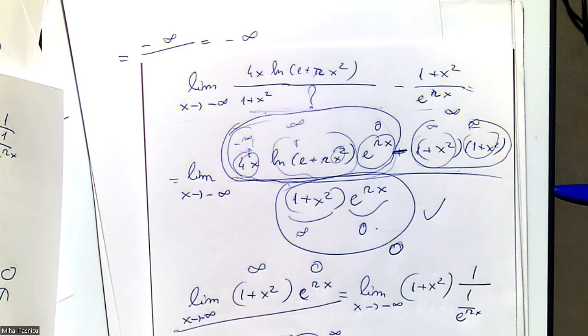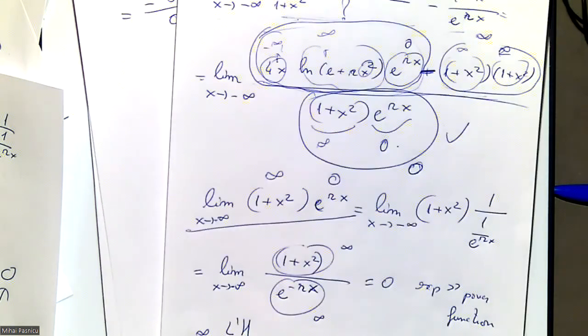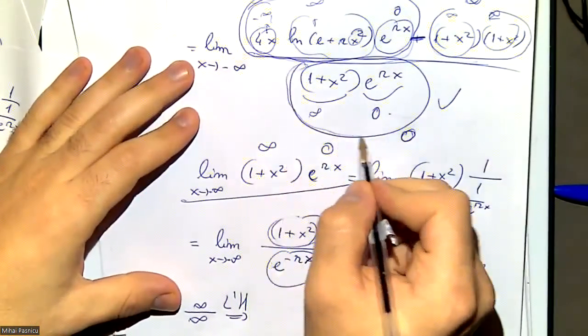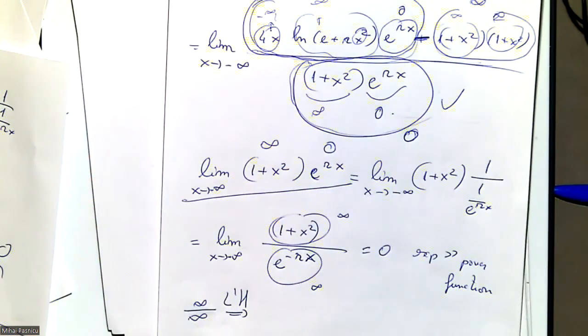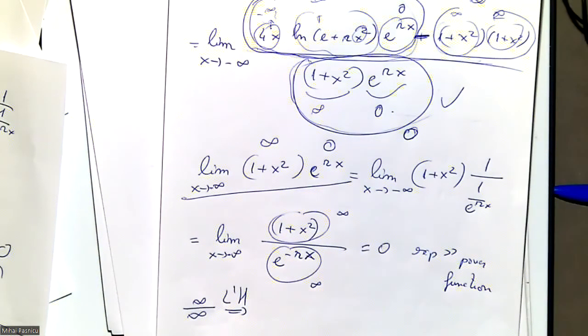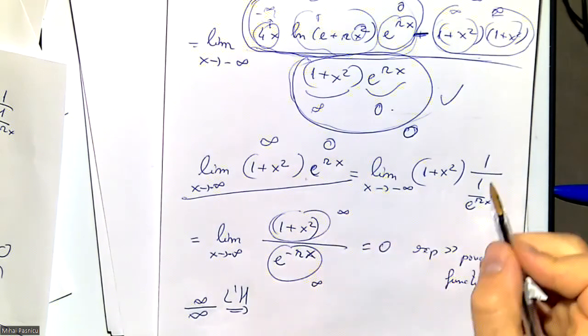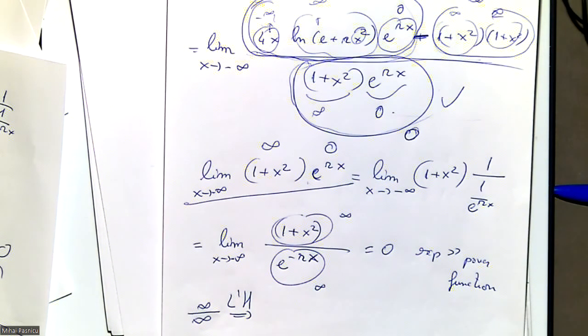I'm not smart. I just know the basics. In order to apply L'Hopital, I need to be in an infinity over infinity case. So I need to evaluate this. Okay? I evaluated this. I start with the denominator. The denominator is an infinity over 0. So I don't know what it is. At that point, I just use the trick, which is this e to the rx is just 1 over e to the minus rx. Okay? I create my fraction. Again, as you can see, all the steps are repetitive. I evaluate, create my fraction.